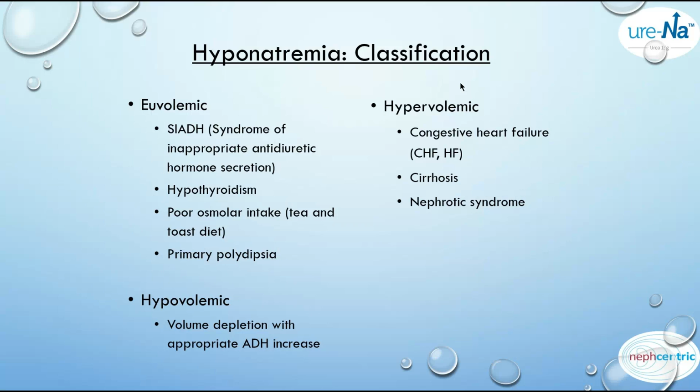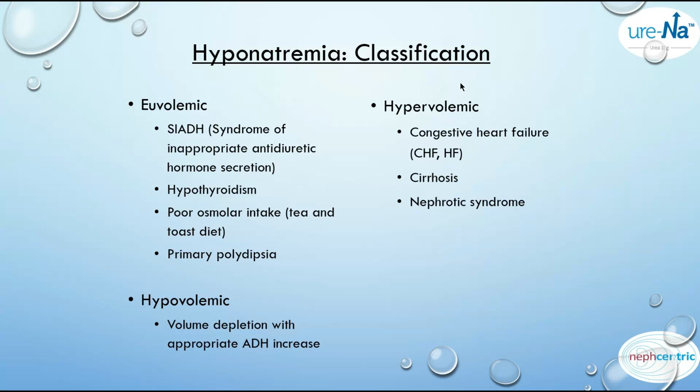In this slide, the classification of hyponatremia is depicted. Hyponatremia essentially can be classified into euvolemic hyponatremia, hypervolemic hyponatremia, and hypovolemic hyponatremia. For our discussion, we're going to restrict this to euvolemic and hypervolemic hyponatremia.